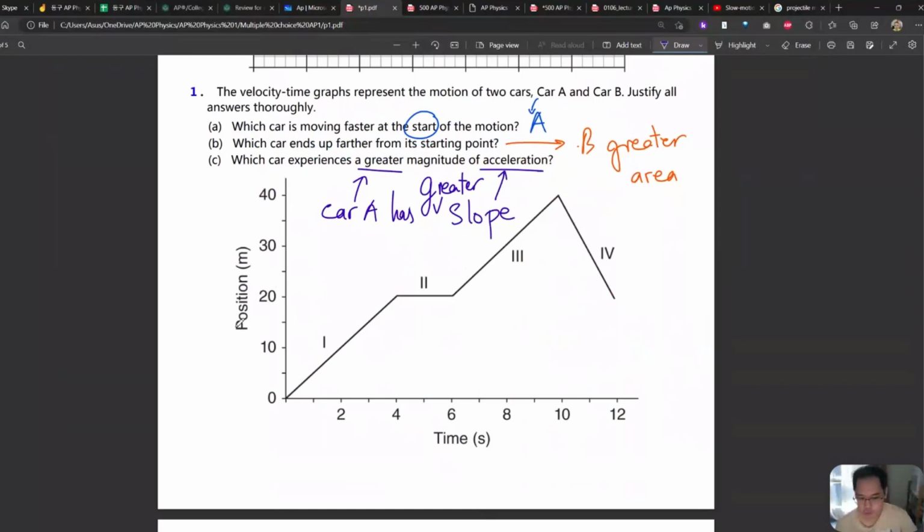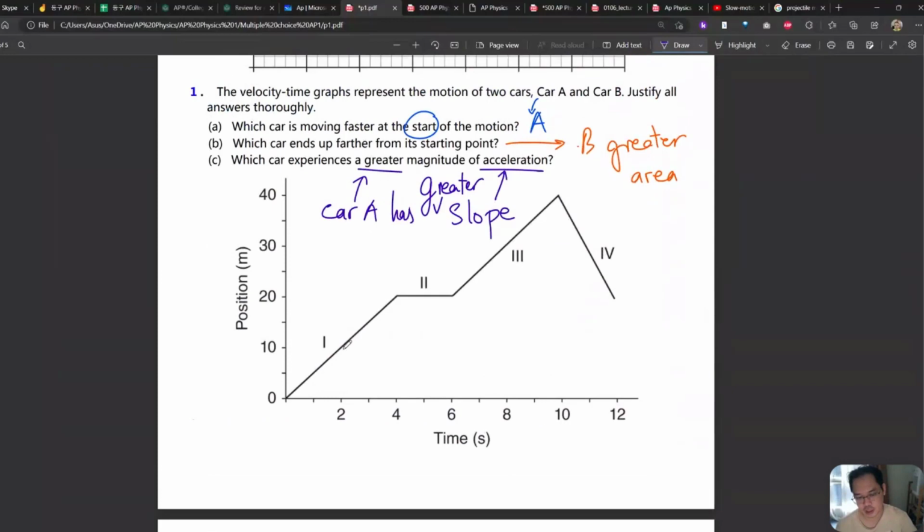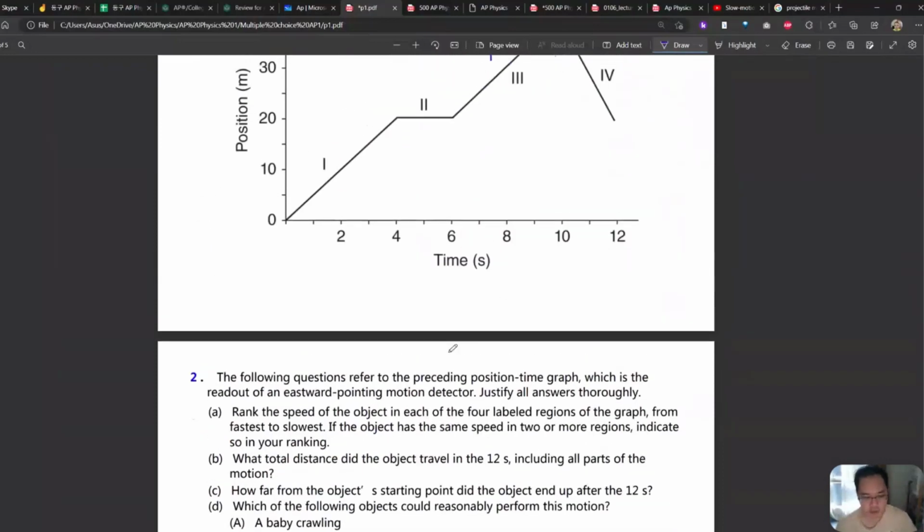Another graph below here, position and time, with 4 sections, 1, 2, 3, 4. The following questions refer to the preceding position time graph. The readout of the eastward pointing motion detector simply means that this object is moving eastwards.